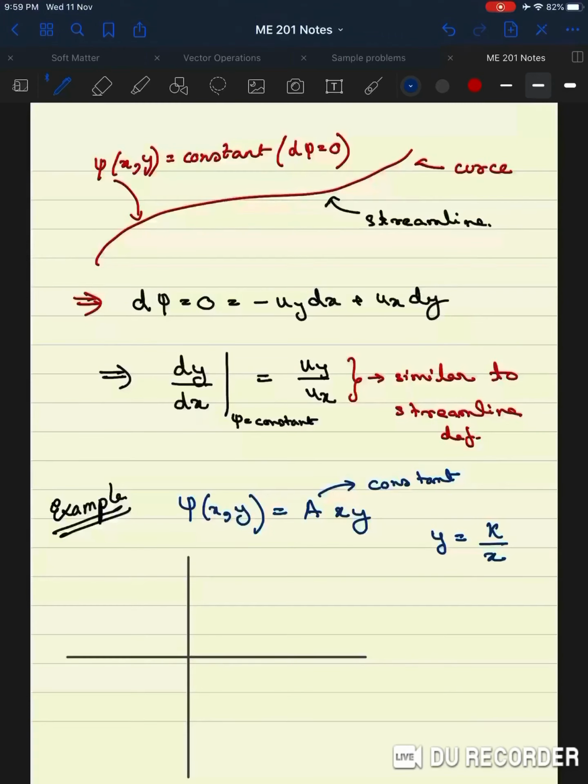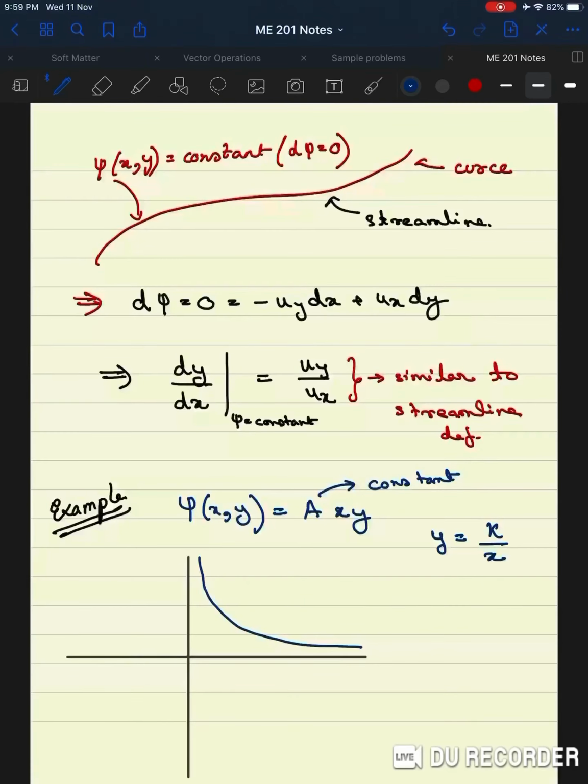Okay. So let's say psi is some constant. So if your psi has to be constant, then y has to be some constant divided by x. And what is this? This is a hyperbola, right?